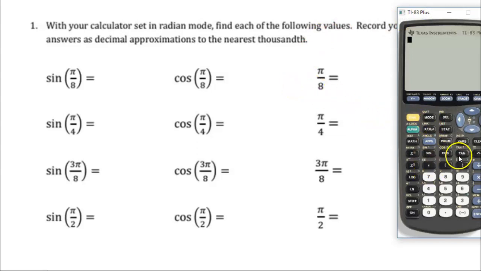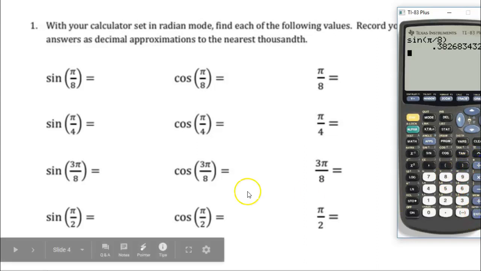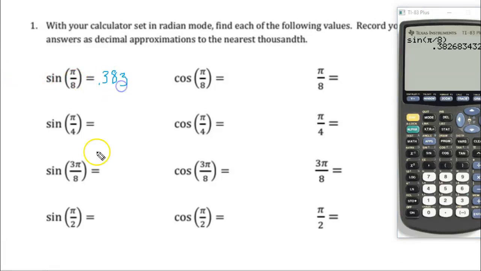The sine of pi over 8 is 0.383. Cosine ends up being 0.924. Pi divided by 8 is equal to 0.393.